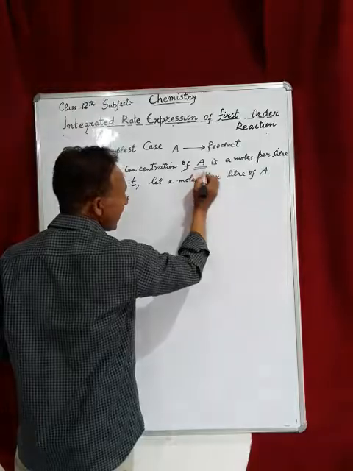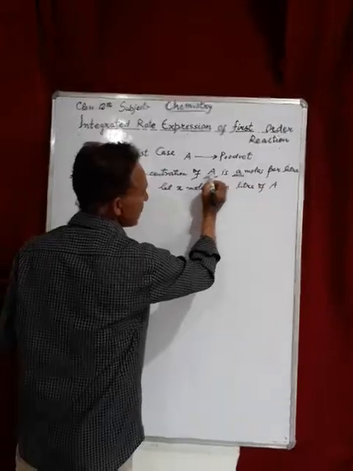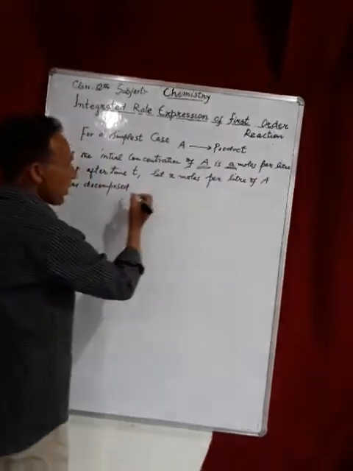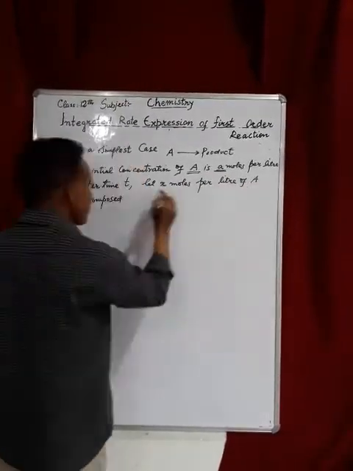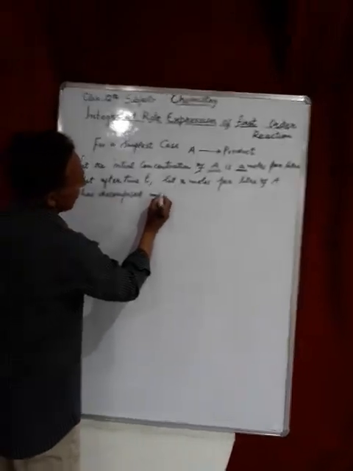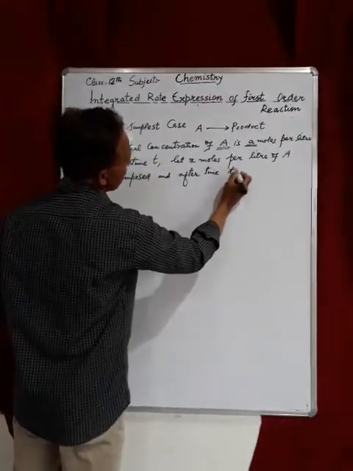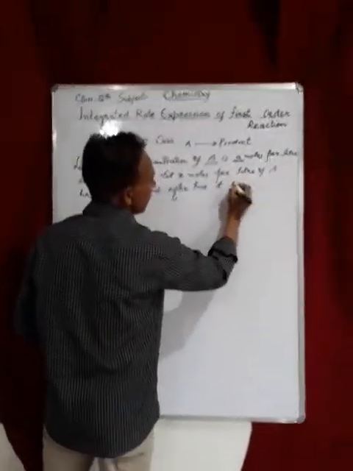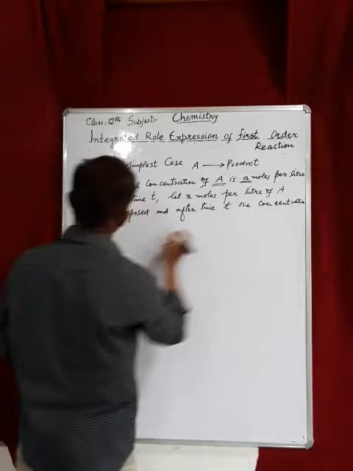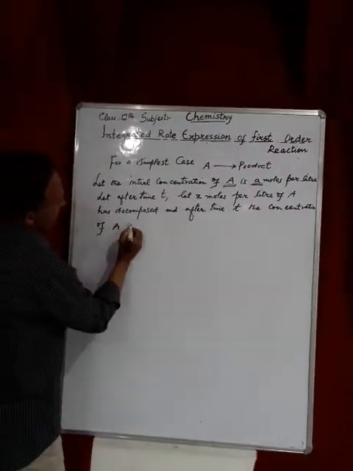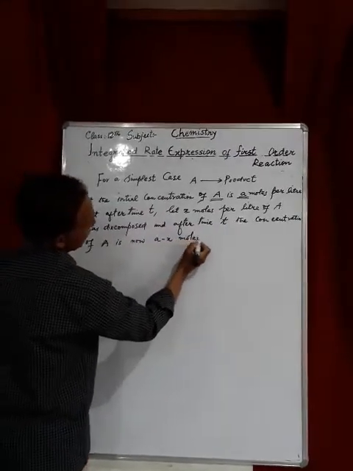Initially we have the substance A and the initial concentration of this A is a moles per liter, and after time t, x moles of substance A have decomposed, and after time t the concentration of A is now a minus x moles per liter.